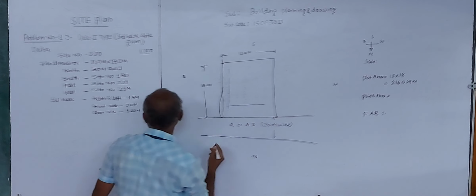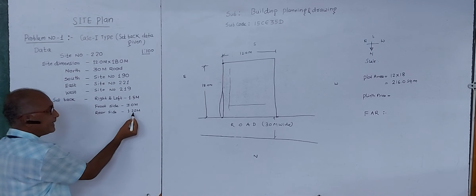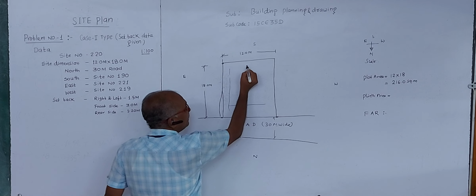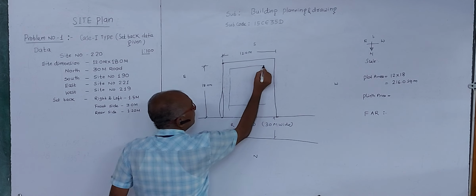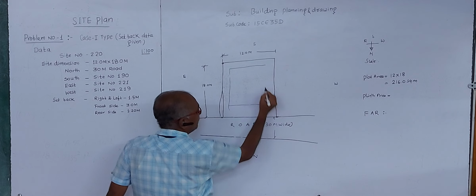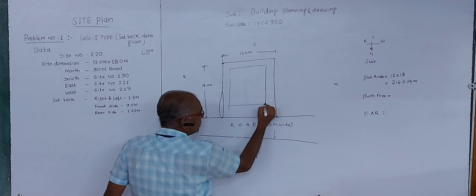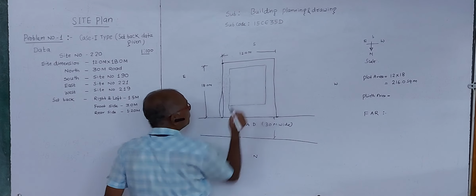This is the 3 meter, and then the rear side is 1.2 meter. From this point you have to take 1.2 meter, and here also 1.5 meter. You have to join these lines. From this point you have to take 45-degree hatching lines. This is the covered area.